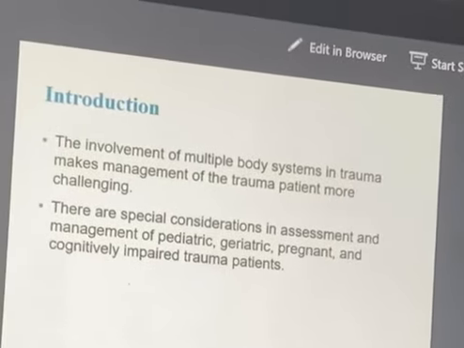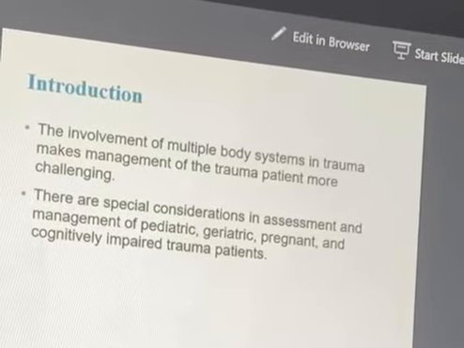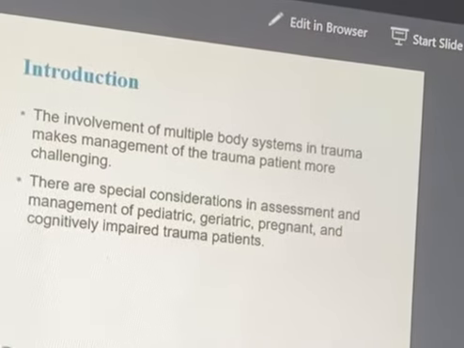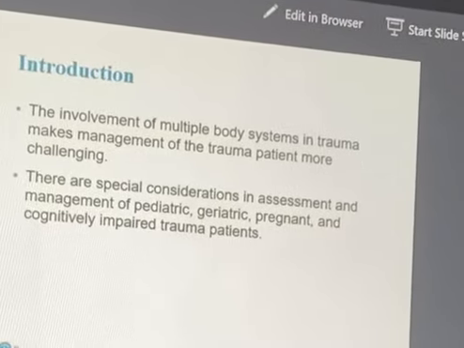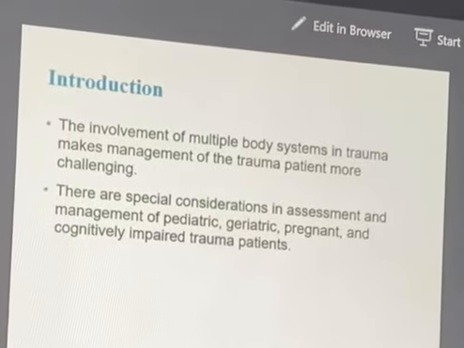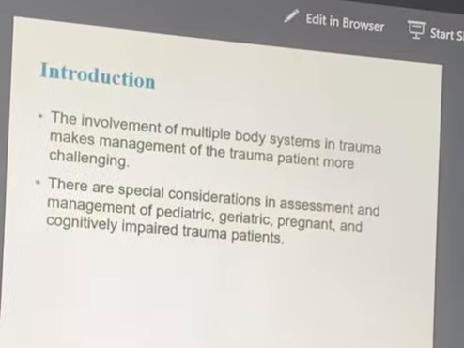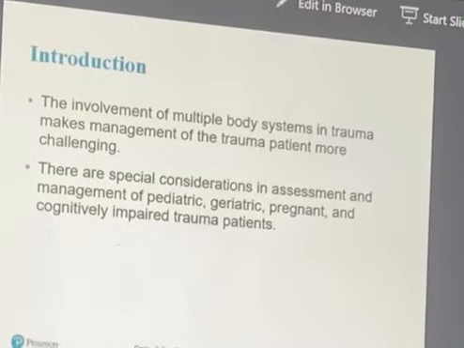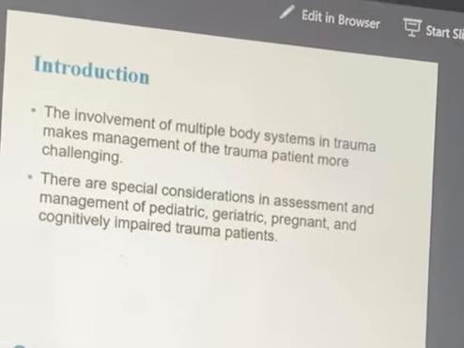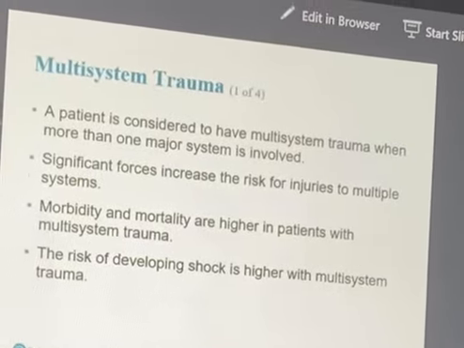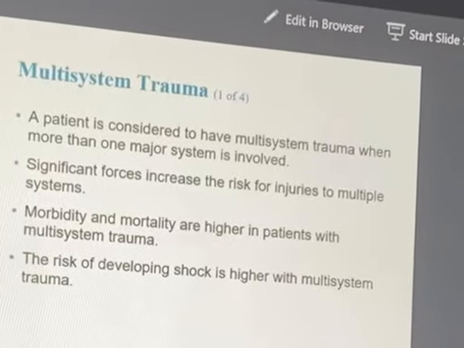The involvement of multiple body systems in trauma makes management of the trauma patient more challenging. There are special considerations in assessment and management of pediatric, geriatric, pregnant, and cognitively impaired trauma patients. So what exactly is a multi-system trauma?